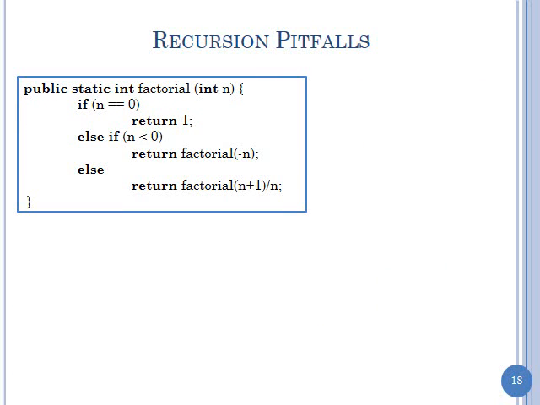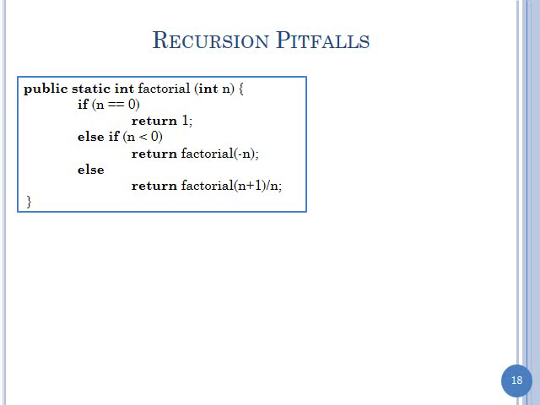How about this? Factorial of n is factorial of n plus 1 divided by n, no? Technically a true statement, but you don't like it. What's going to happen?